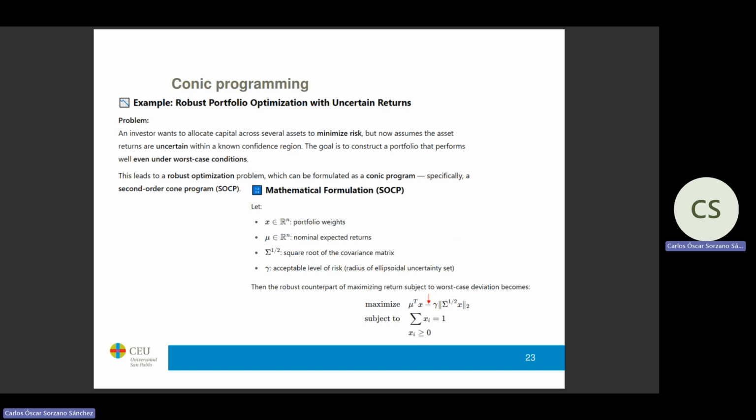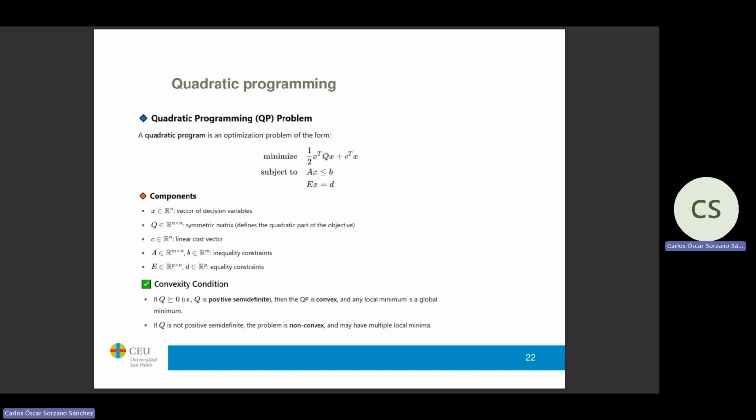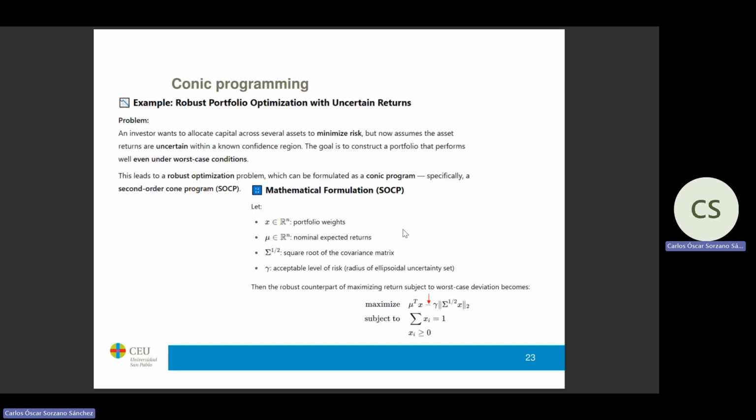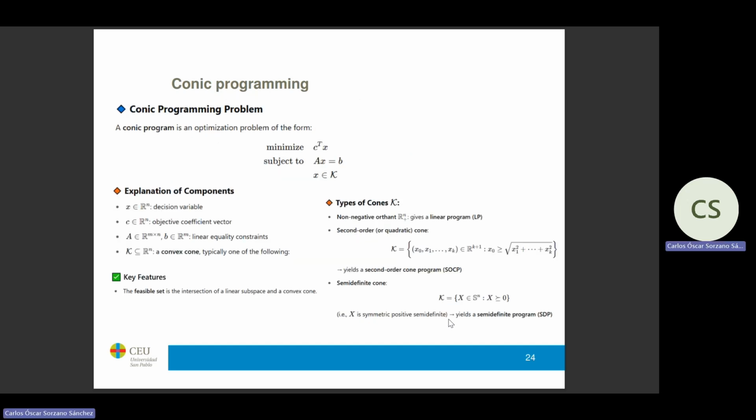And there is a difference from the quadratic problem that we had before. The quadratic problem here was using a plus. Here we have first the linear term minus something that is positive. And that is called conic programming.